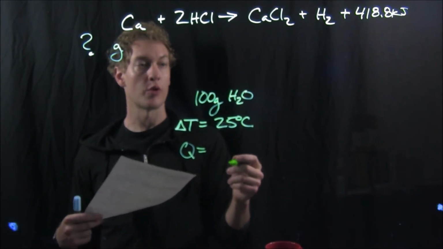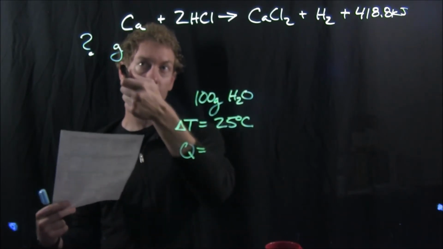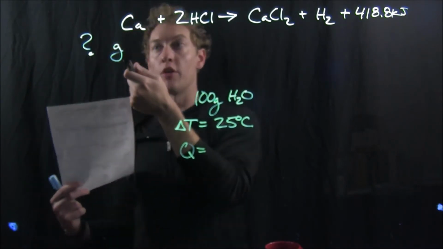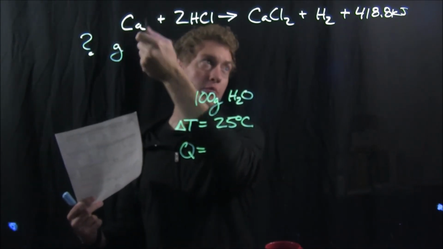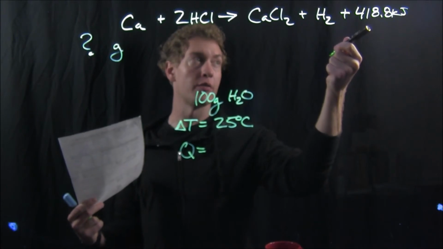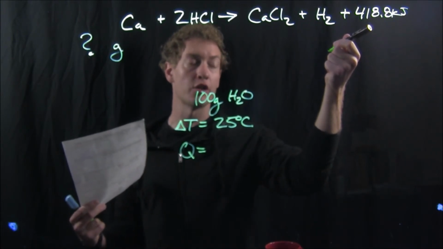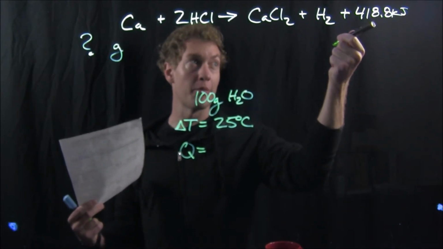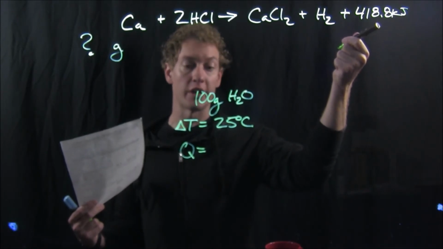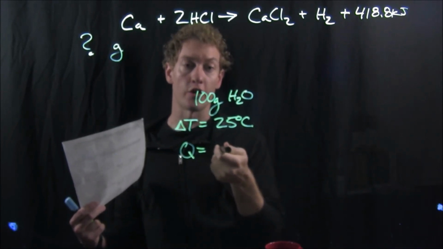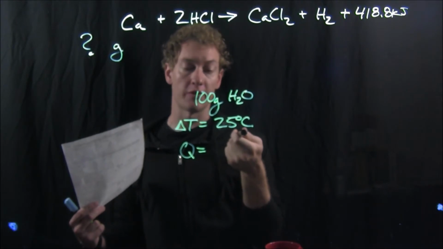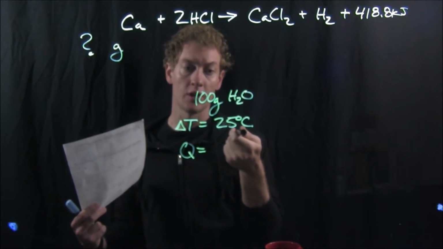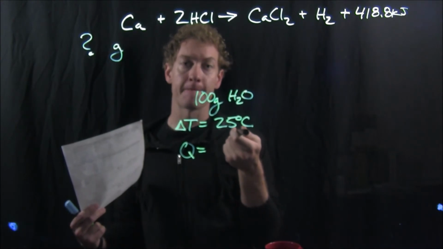So I need to figure out, let's see, what do we know? We know we're solving for grams of calcium. We know that for every mole of calcium, you get out of the reaction 418.8 kilojoules. I know that some amount of energy, some slice of 418, has to go into water to raise its temperature by 25 degrees Celsius. So, let's see.